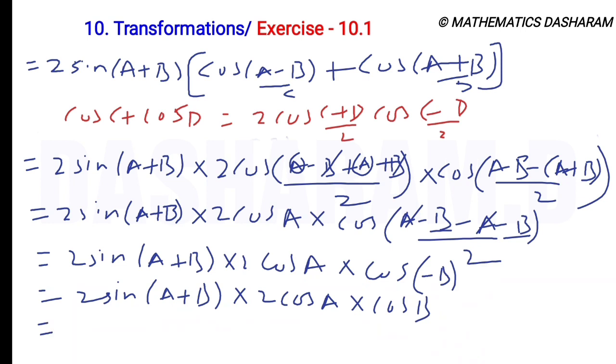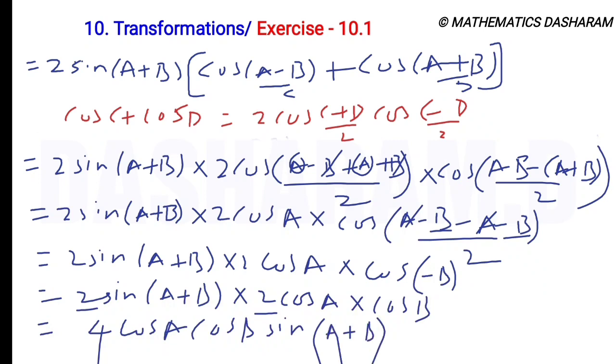Now it is equal to 2 into 2, 4 cos A cos B sin(A plus B). So it is equal to RHS.